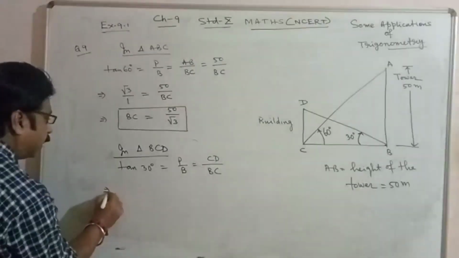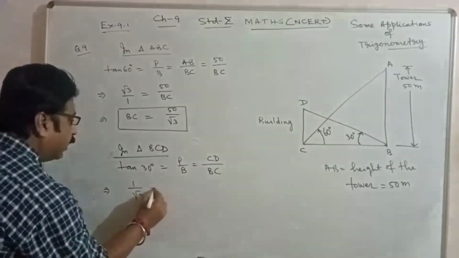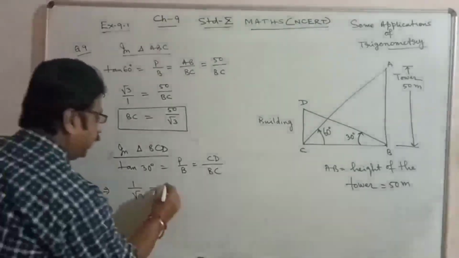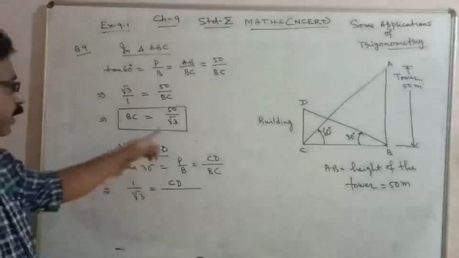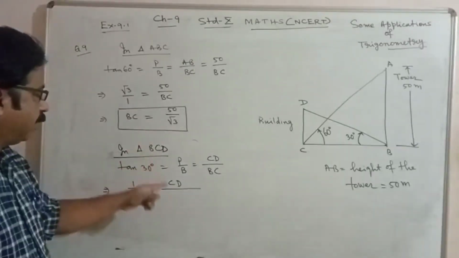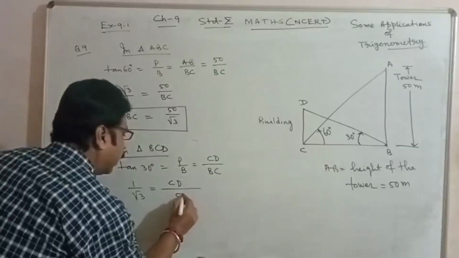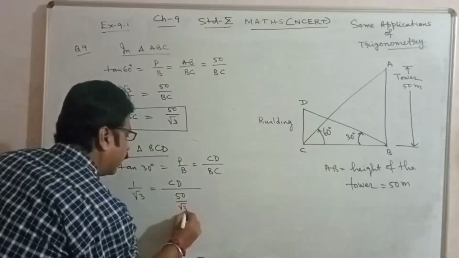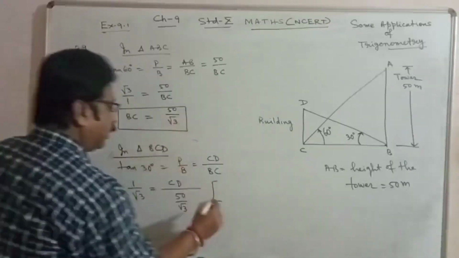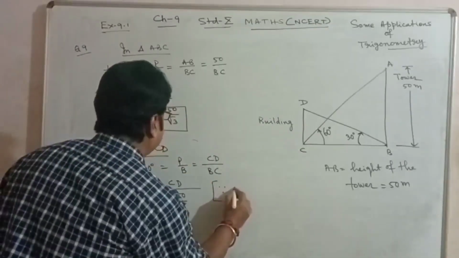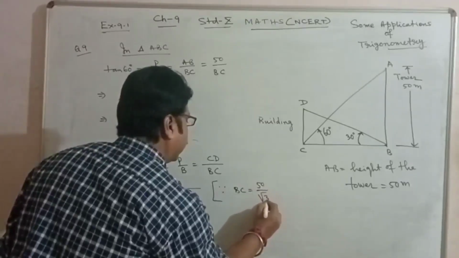Tan 30 means 1 upon root 3 equals to CD, which is unknown, upon BC, which is known. So we can put the value of BC here. Since we have calculated, BC equals to 50 upon root 3.